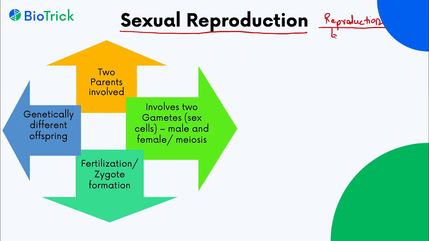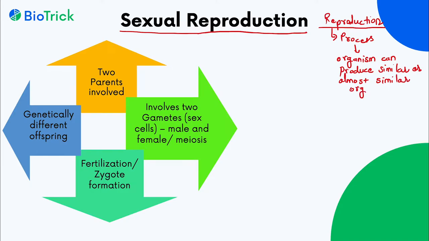Reproduction is the process by which an organism can produce similar or almost similar organisms.